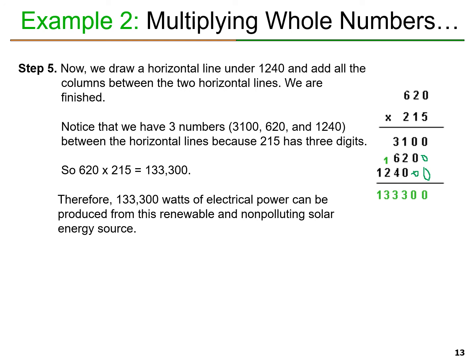The 1 generated this number right here. And the 2 generated this number. So that's basically the mechanics of multiplication. You can multiply any number of digits by any other number of digits using this technique.